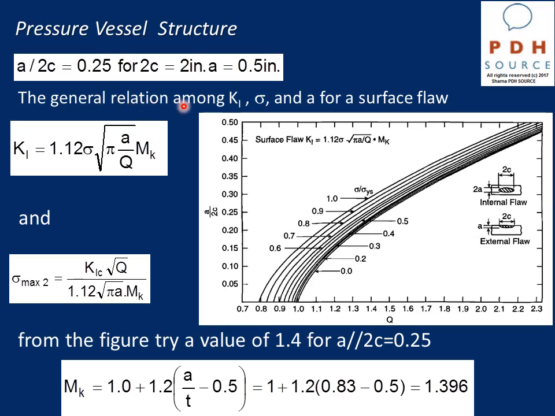The general relation among K1, sigma and a for a surface flaw can be obtained using this equation, and again the stress can be equal to the fracture toughness divided by this equation. So basically the maximum stress for the pressure vessel is the fracture toughness divided by this equation.